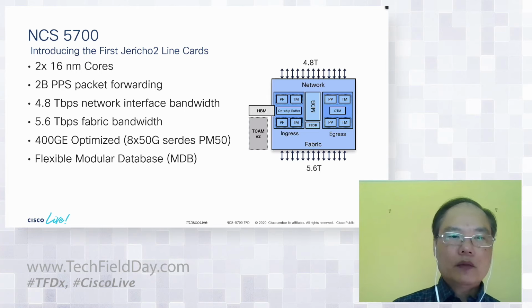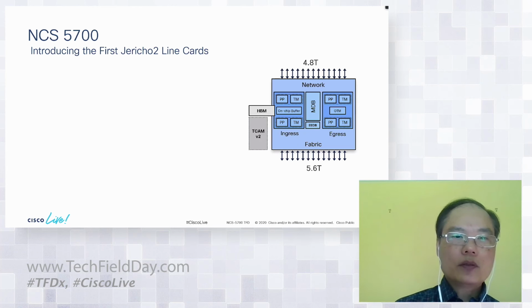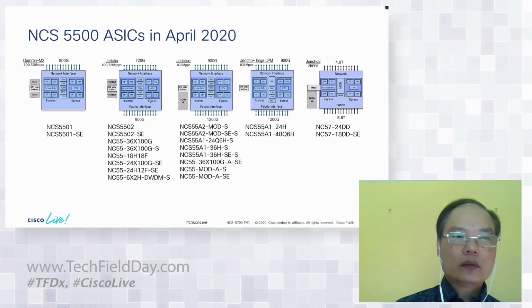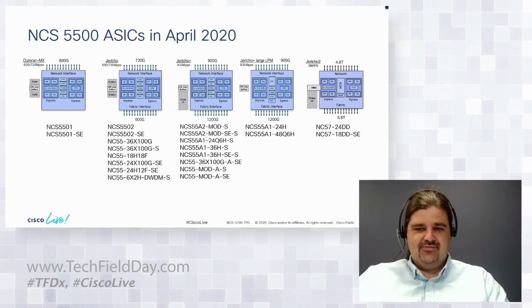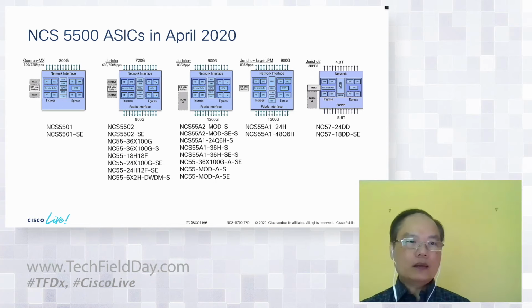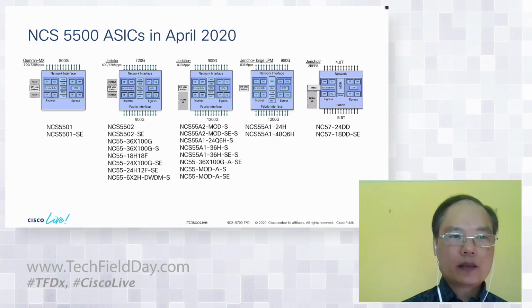So, for example, if you look back to the previous generations, on the comparison between network bandwidth and fabric bandwidth, Jericho Plus has a network bandwidth of 900 gig, and the fabric bandwidth is 1.2 tera. Oh, so it has to be large. It has to be larger, because there will be some overhead on the fabric, so you have to make some room for the overhead.